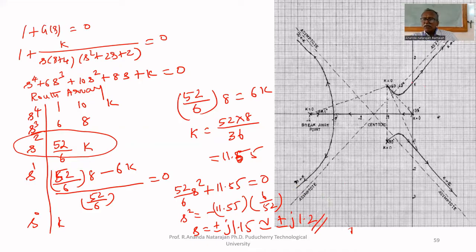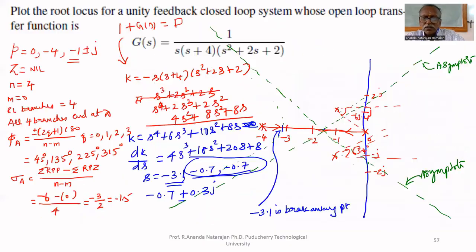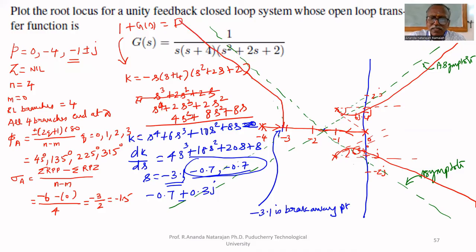So it cuts the imaginary axis at 1.2, here and here. Therefore, it comes out like this and goes to infinity. Here, this is the breakaway point, 3.1. That's all.